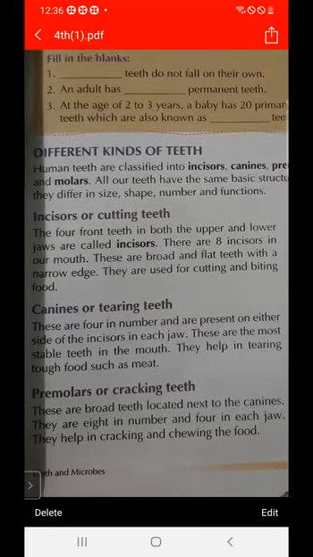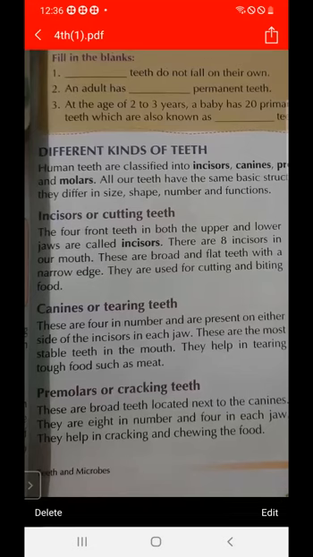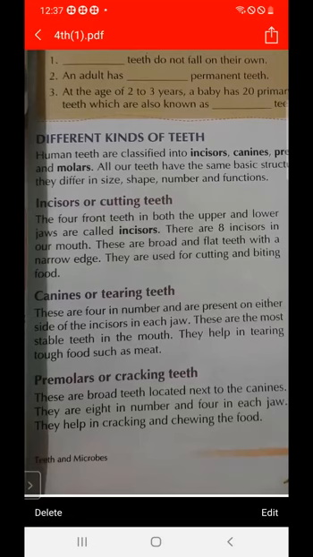What are their numbers? They are four in number, two in each jaw. So what is the number of incisors? Eight. And the number of canines? Four. What is another name of canine? Tearing teeth.